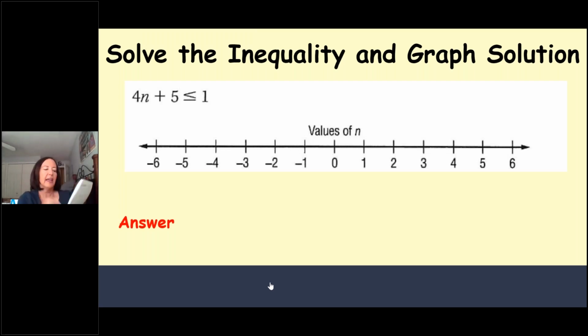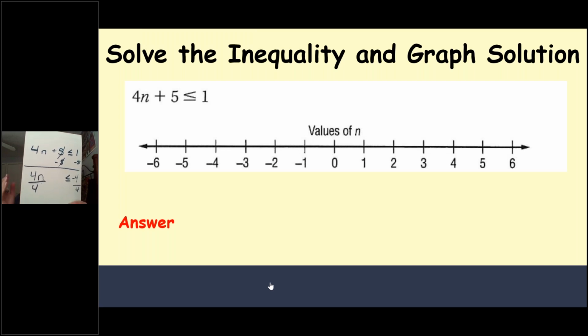So it would be n is less than or equal to 0, because negative 4 divided by 4 is 0, right? Nope. What is 4 divided by 4? It's 1.